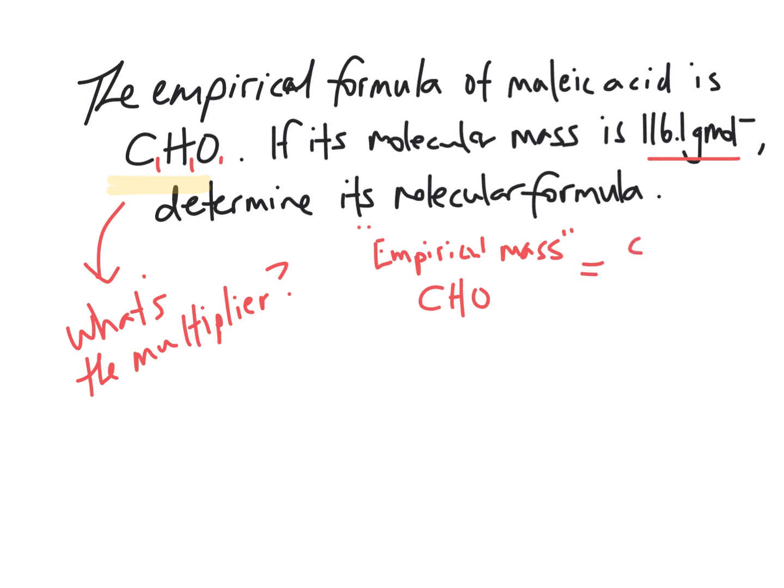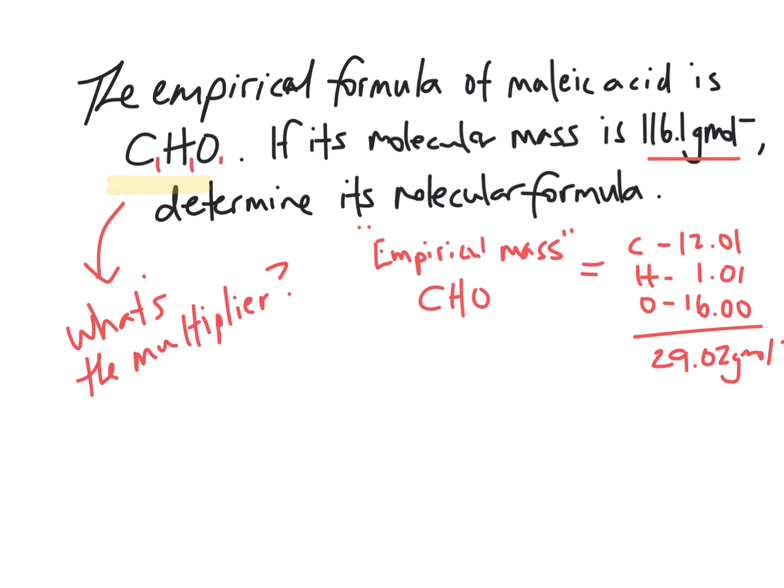So look at the periodic table. Carbon is 12.01, hydrogen is 1.01, and oxygen is 16.00. Total that all up, you get 29.02 grams per mole as the theoretical empirical mass, if you will.